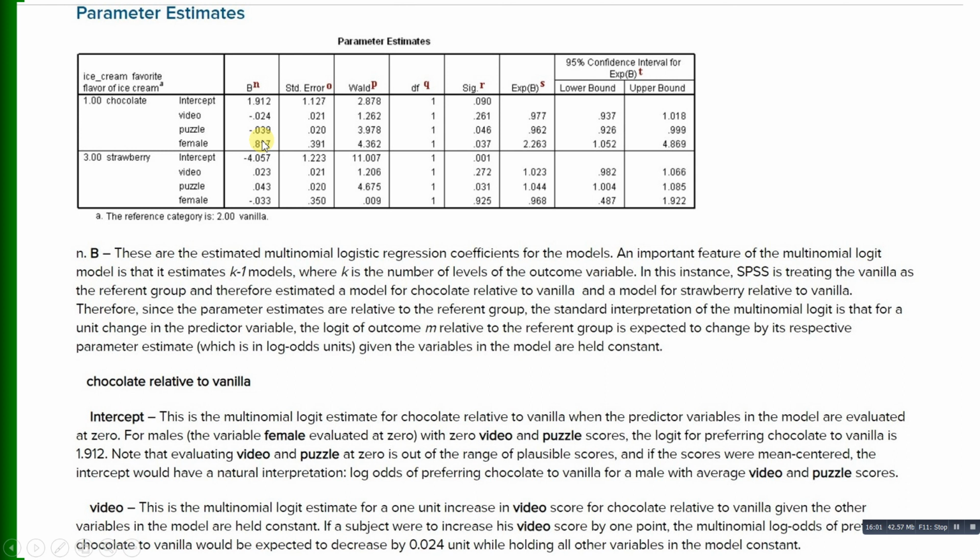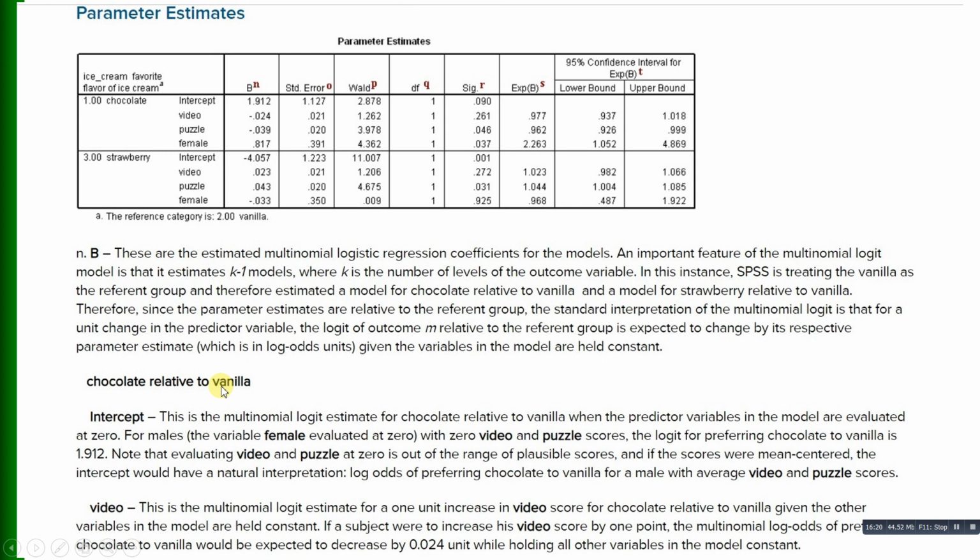Similarly, these are coefficients for strawberry relative to vanilla, and the reference category is vanilla, which is coded as 2.